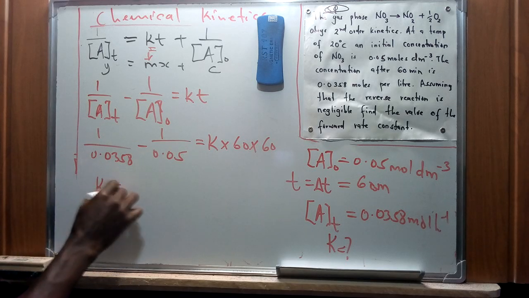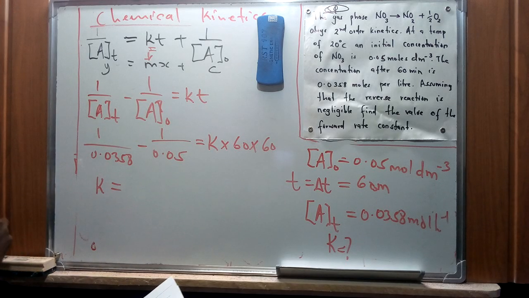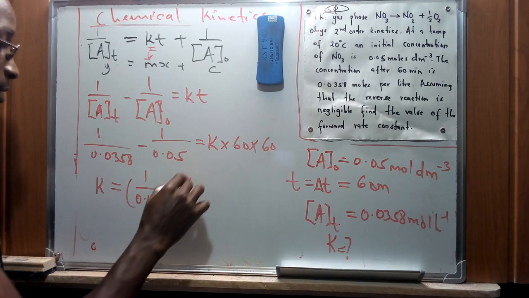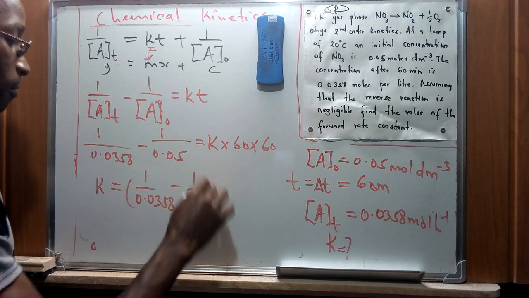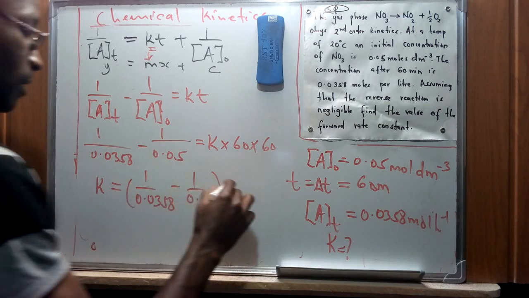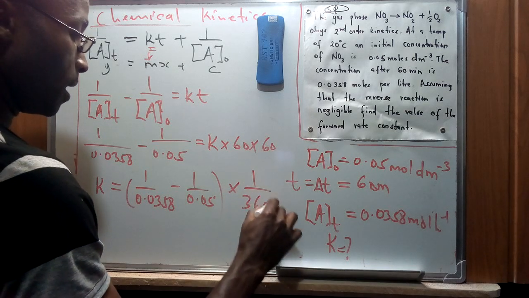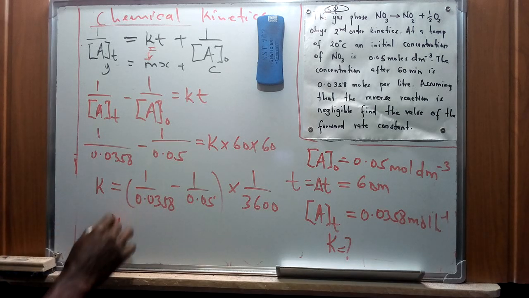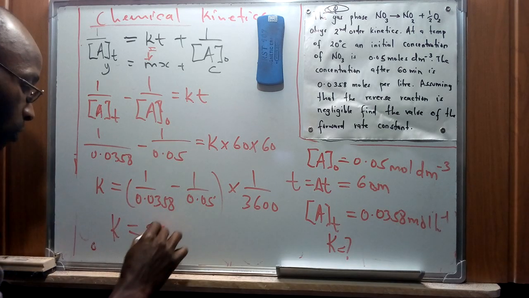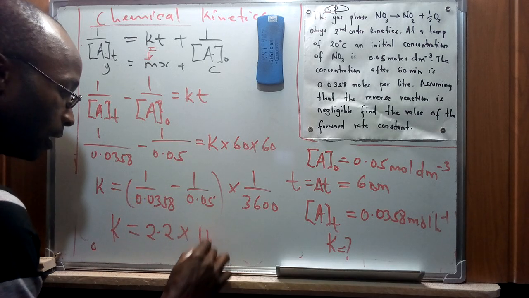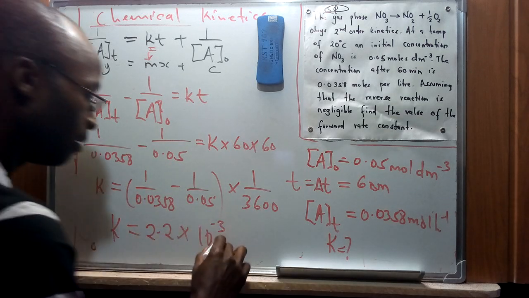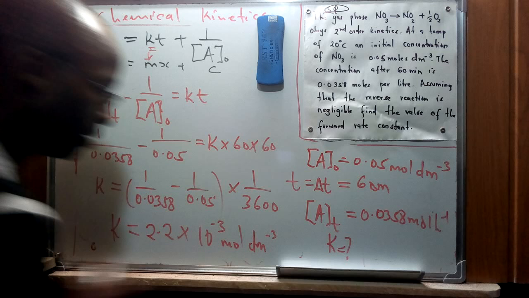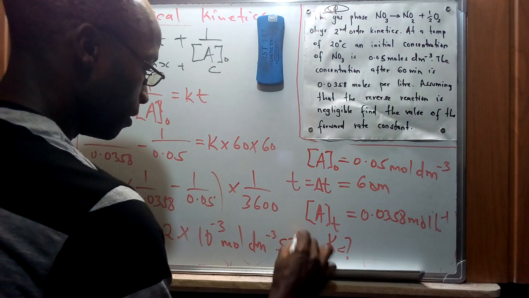Rearranging, k equals 1 over 0.0358 minus 1 over 0.05, times 1 over the conversion into seconds. So the value for k is going to be 2.2 times 10 to the negative 3 moles per decimeter cubed, which is equivalent to per liter per second.